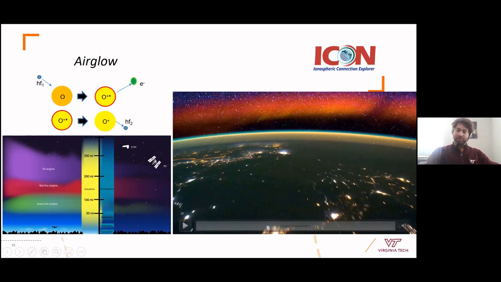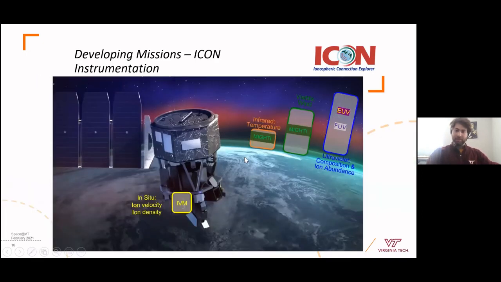So before we move on, I just want to point out this cool picture taken from the space station on the right here. You can see the red airglow at a higher altitude than the green airglow on the horizon. So that's pretty cool. All right, so how is airglow going to help us? Well, first I'm going to tell you it's going to give us temperature profiles, it's going to give us wind profiles, and it's also going to give us profiles of ion abundance and atmospheric composition.